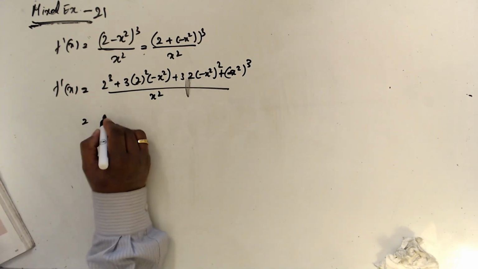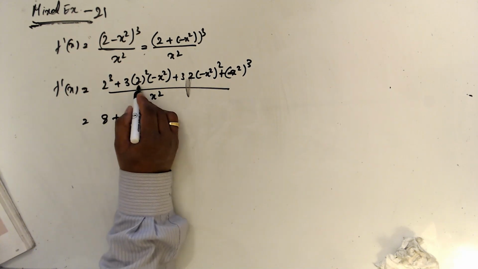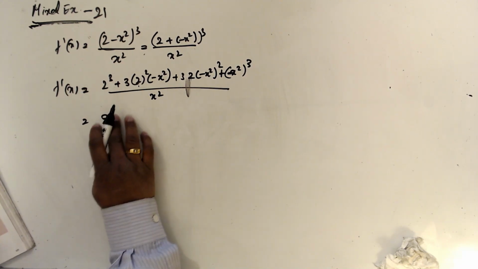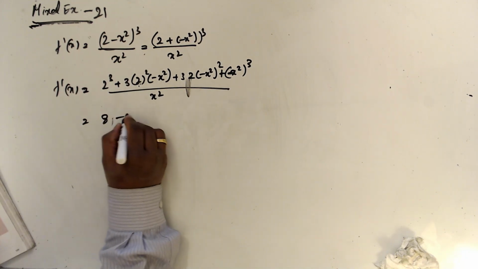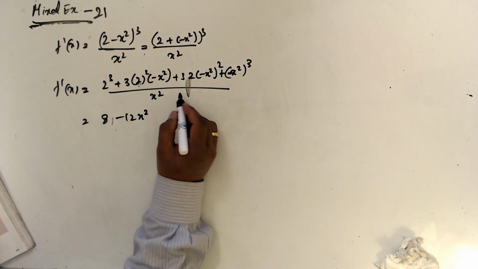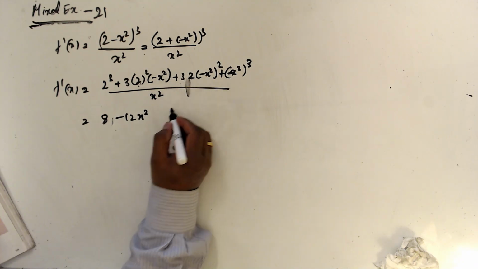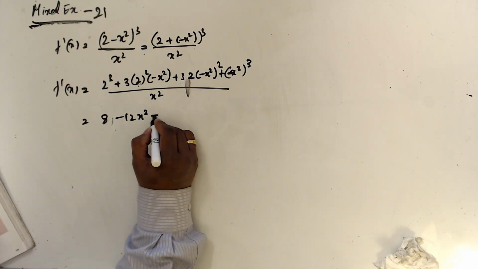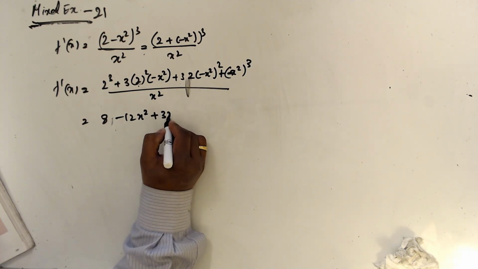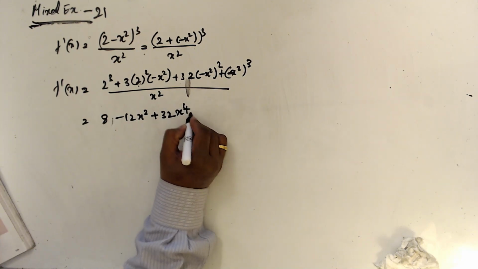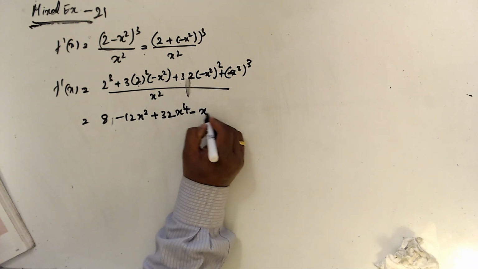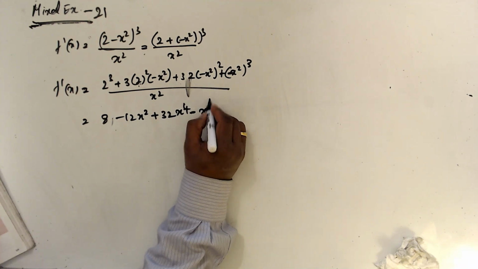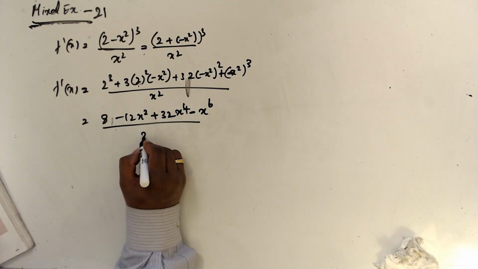So this is going to be 8, 2 squared is 4, 4 times 3 is 12, minus 12x square, plus 32x to the 4, minus x cubed, x to the 6, over x square.